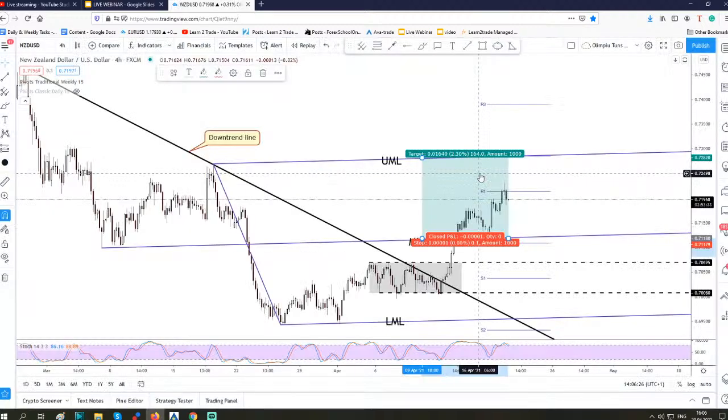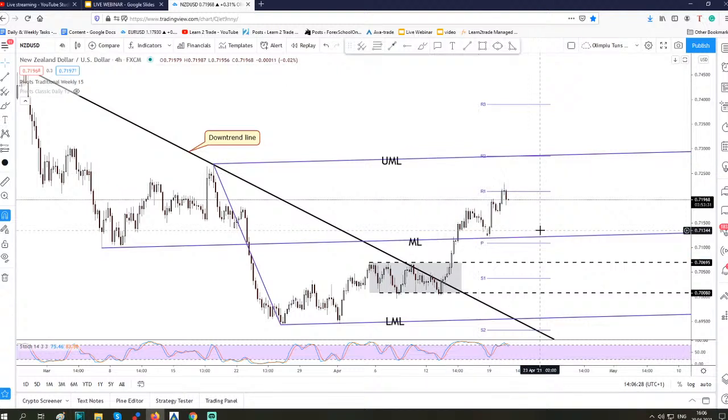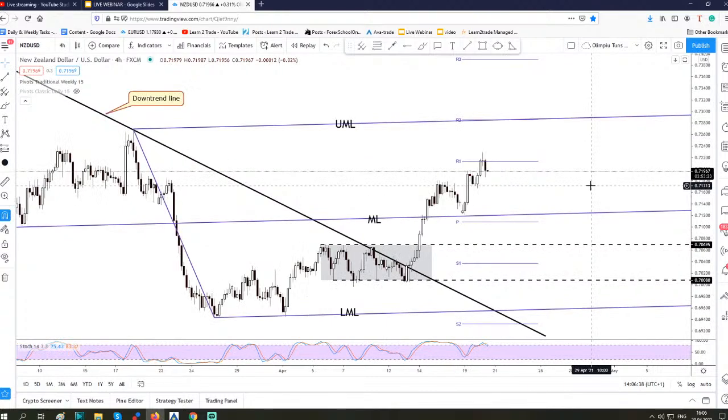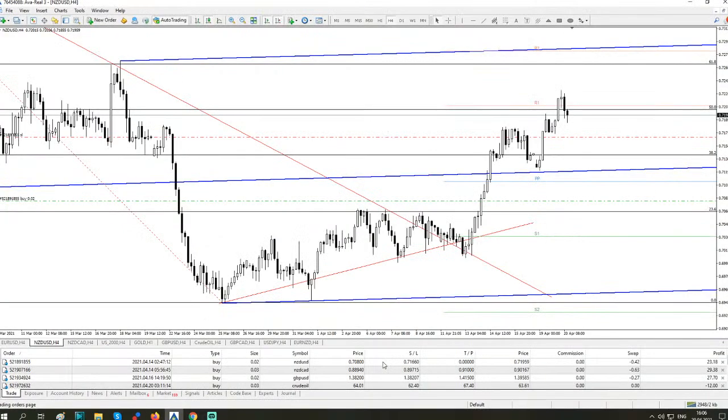Let's take a look here at the New Zealand dollar versus the US dollar. I will delete this one from here because, as I've told you, we have a stop loss right below this low. We don't have a take profit for this pair, as you can see here in the MetaTrader, in our live real account.